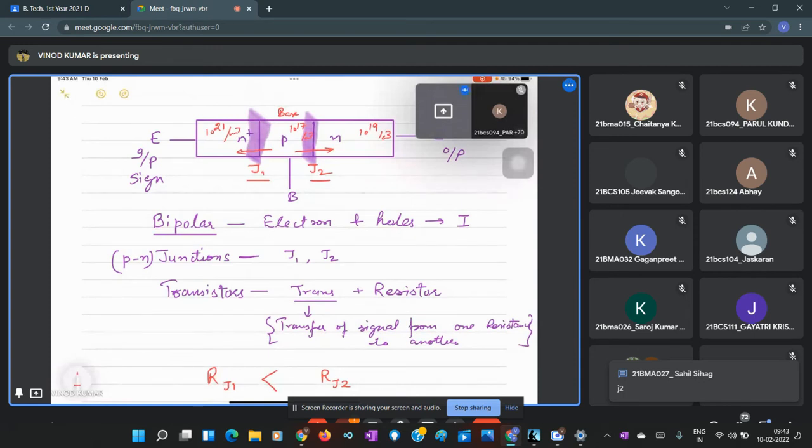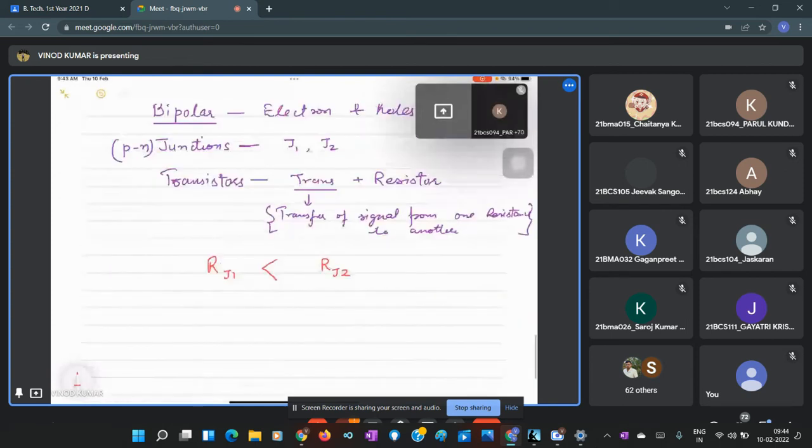It depends on how you use it. If we give the input like this, this is low resistance and this is high resistance. So we are transferring the signal from low resistance to high resistance, a low current moved toward high resistance.